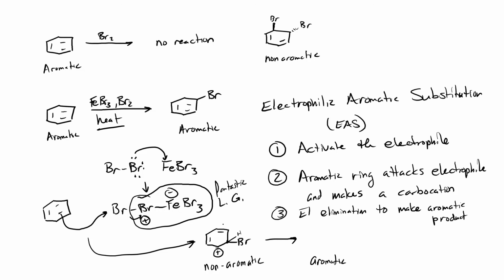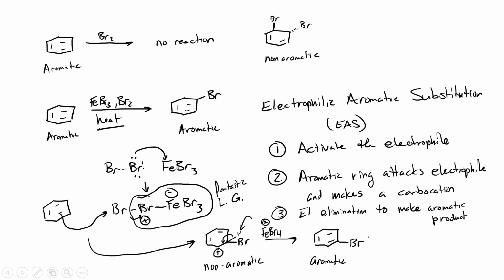We don't need a particular base in here because this carbocation is so reactive, going from non-aromatic to aromatic product. We don't even really need a base at all, right? We could have something like FeBr4 minus or whatever. Something comes in, takes this hydrogen, does the elimination, and gives us our aromatic ring back.